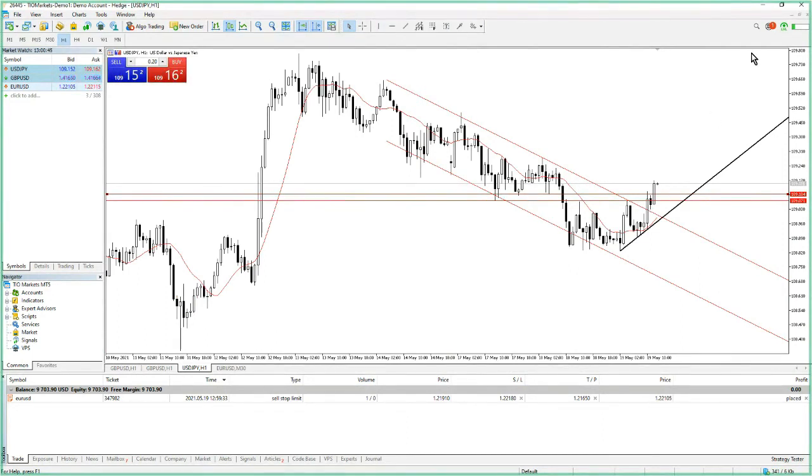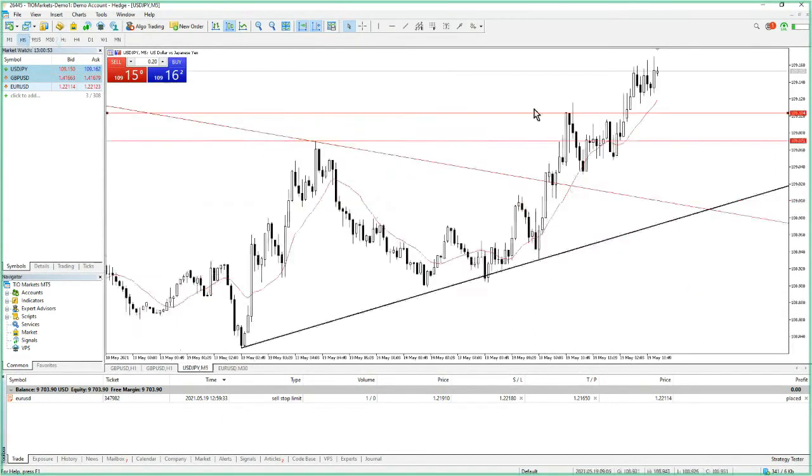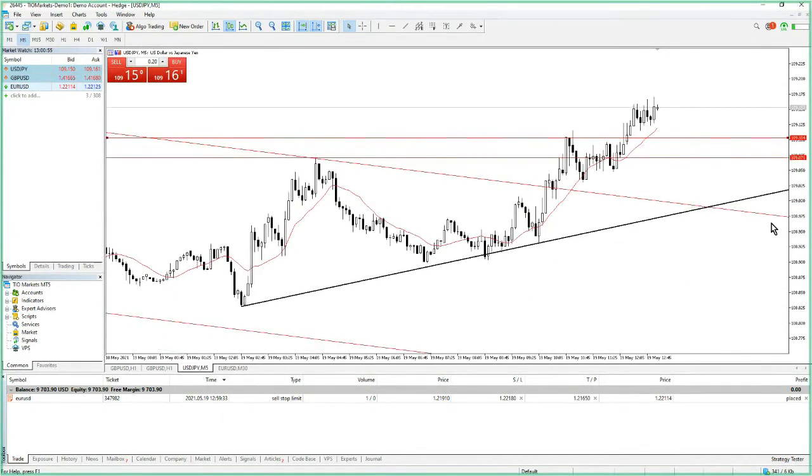Okay, then let's say that we want to have a simple buy stop order in place. Let's use a smaller time frame here, and I'm going to draw a new channel here.